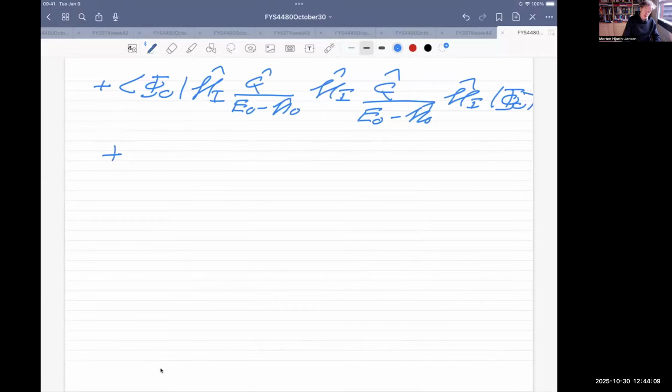And you see that you have two energy denominators. You have three terms which represent the interaction energy. And then that means that you have energy squared in the denominator and energy cubed in the numerator. And that gives a term which has the right dimension, which is energy.